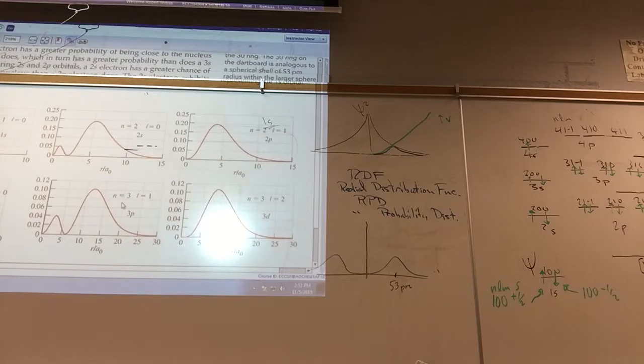So the 1s orbital is about half an angstrom here, the most probable distance. Although we can't pinpoint it, it's not always going to be here, sometimes it's going to be elsewhere. But this is the RDF.